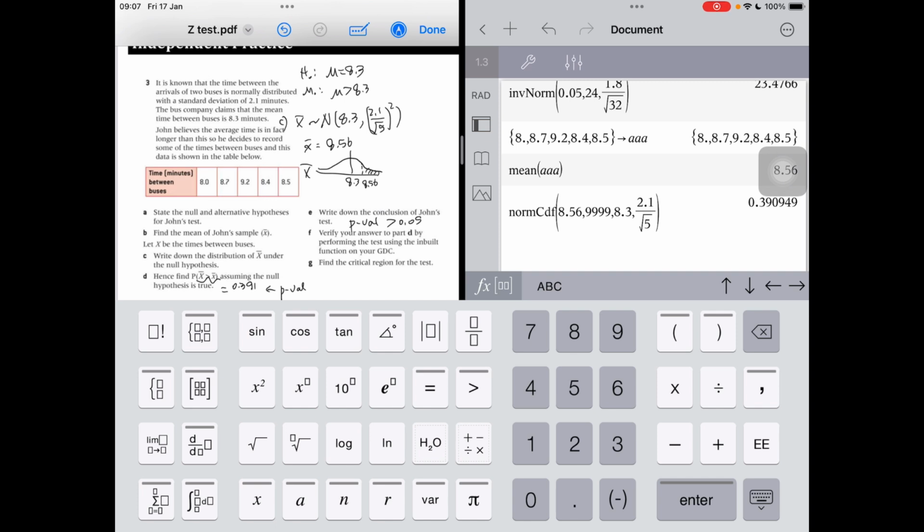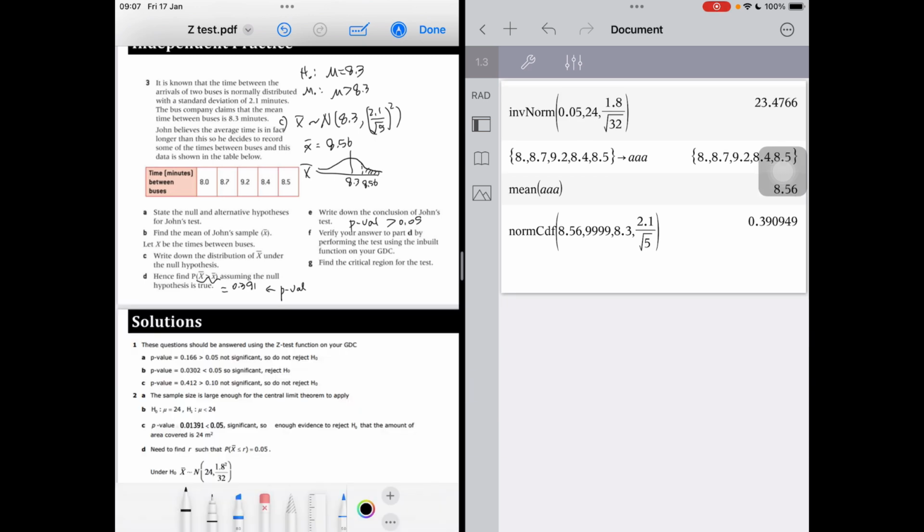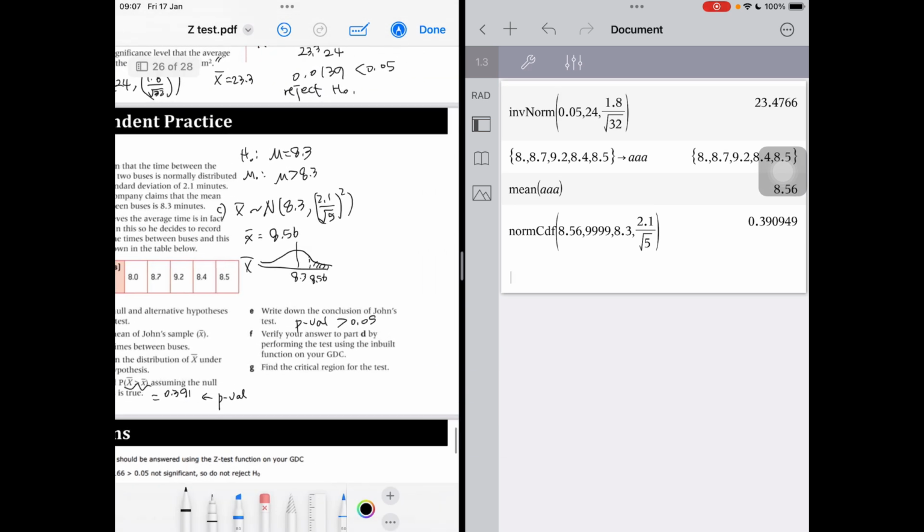So this 0.39 is larger than this 5%. So the conclusion is fail to reject H0.